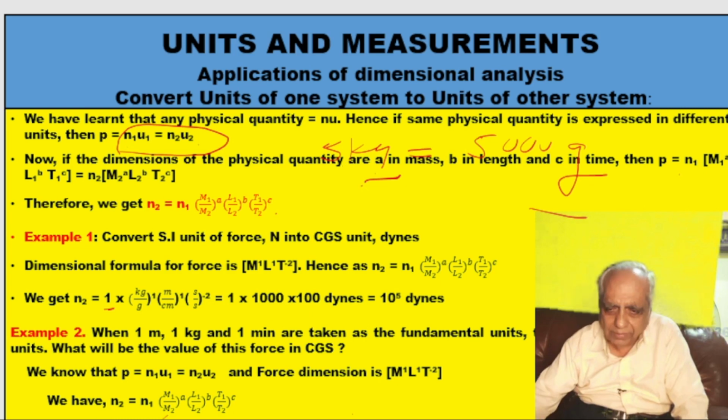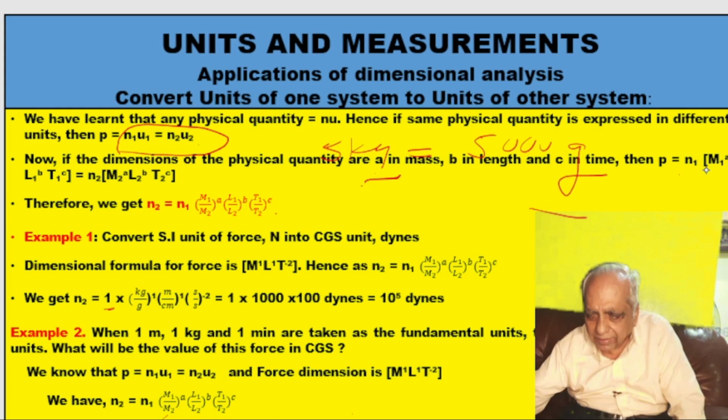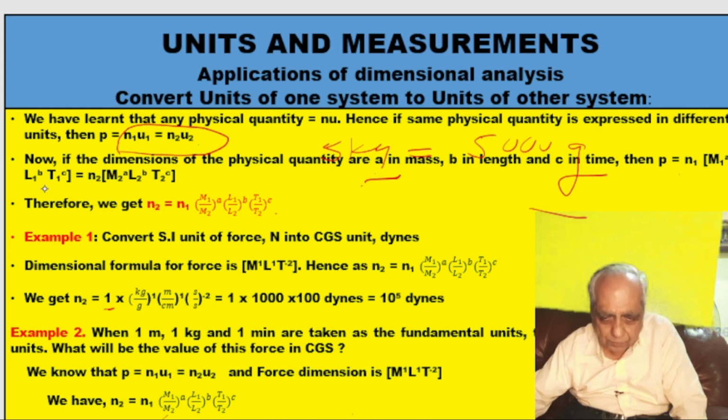Dimensions do not depend on units. So P would be equal to N1 into M1 raised to A, where M1 is mass in system 1, L1 raised to B, T1 raised to C. So system 1, and another system of measurement is 2, like 1 can be CGS, 2 can be SI. So here the number is N2 and M2 raised to A. A, B, C would remain the same because dimensions remain the same.